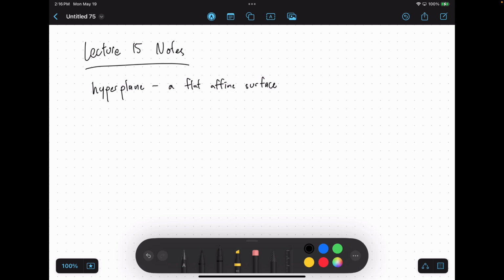It's not surface, subspace, of dimension p minus 1 in p-dimensional space.